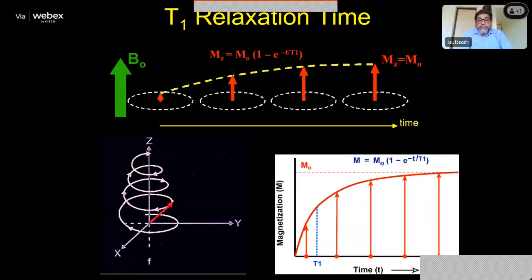Here you can see how it builds up exponentially: M is equal to M0 times (1 minus e to the power minus t upon T1). So T1 relaxation is a function of the T1 relaxation time, and this shows how M0 builds up with the passage of time, and at the fully recovered equilibrium state, Mz will again become M0, which is the full T1 relaxation.